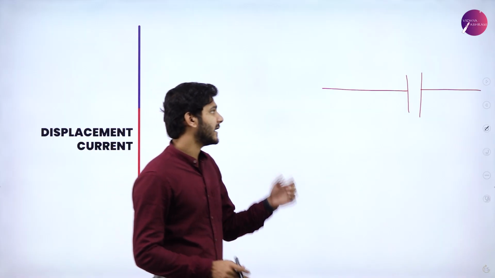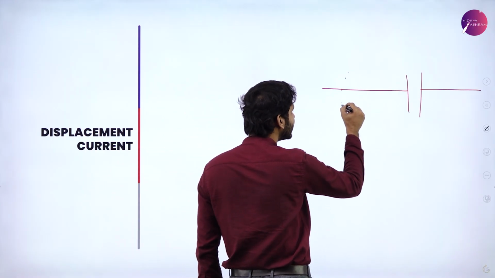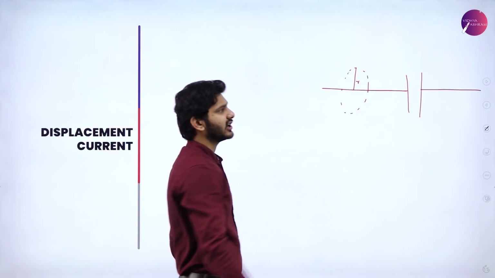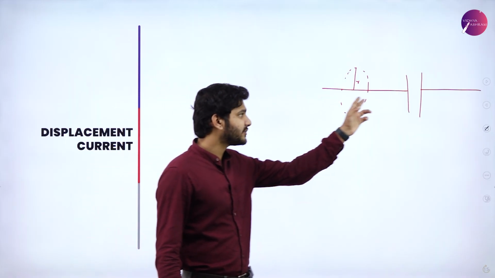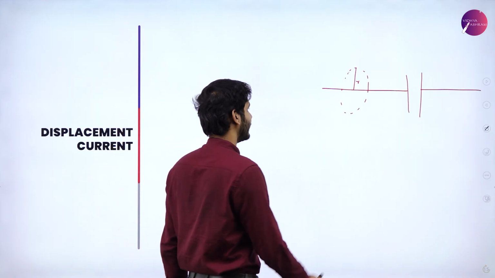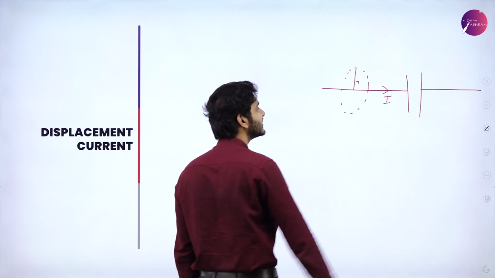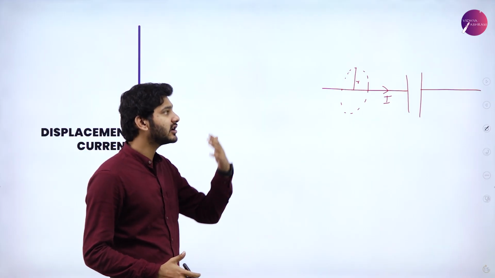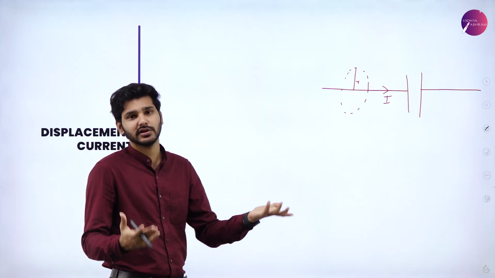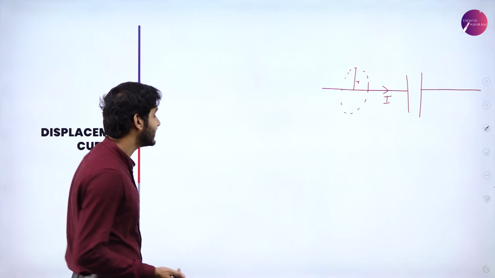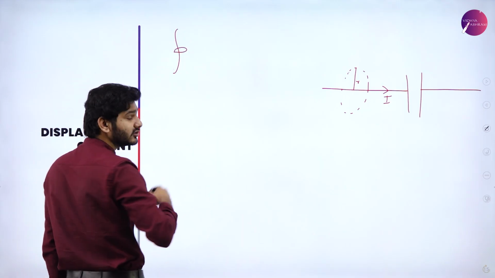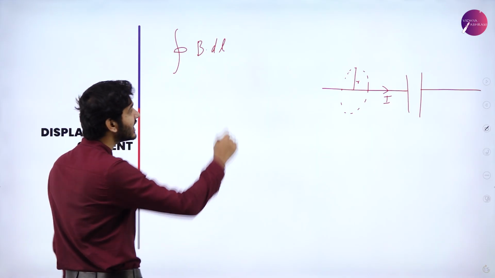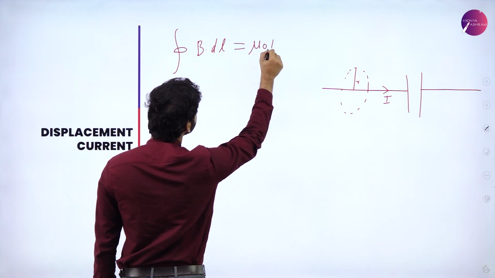See, if I'm taking a region anywhere here, at a radius r from this particular wire, I can say that if current I is passing through this wire, obviously there will be a magnetic field generated, and the nature of that magnetic field can be calculated using Ampere's circuital law, right? What does Ampere's circuital law state? It states that the closed loop integral of B dot dl is equal to mu naught into I.